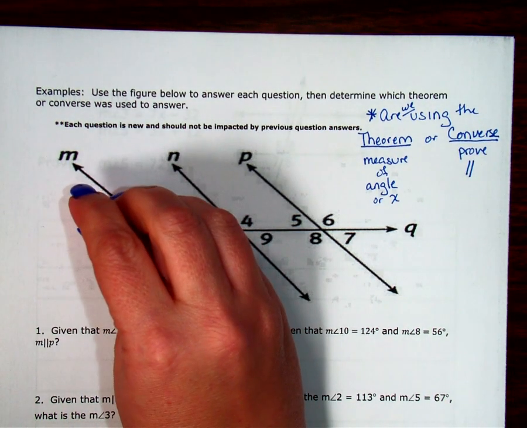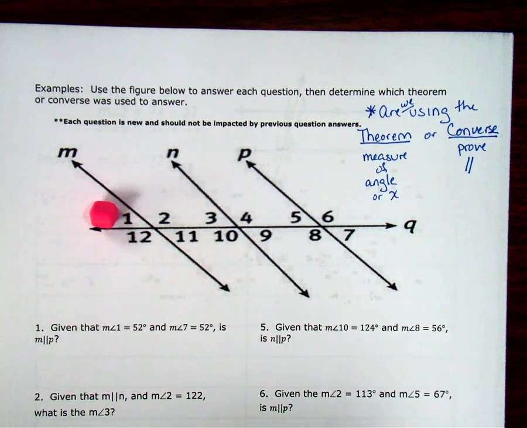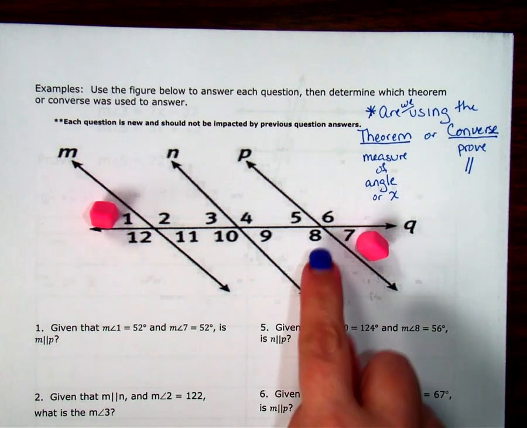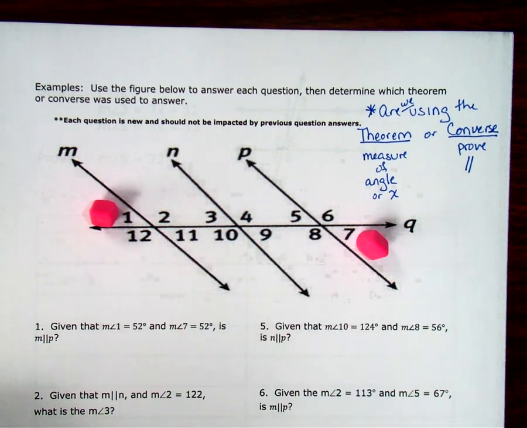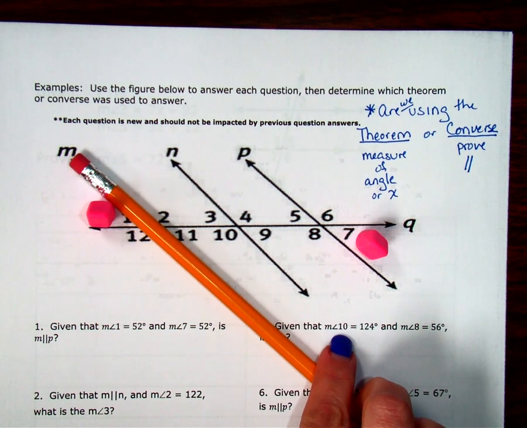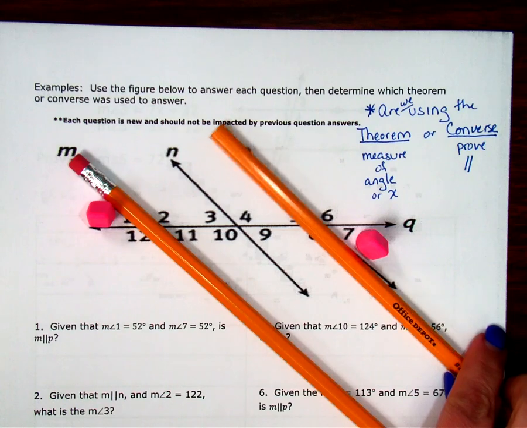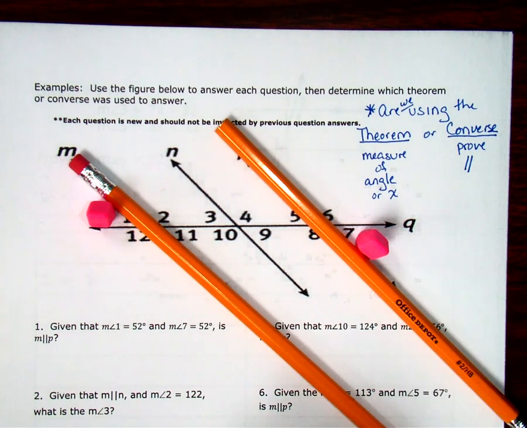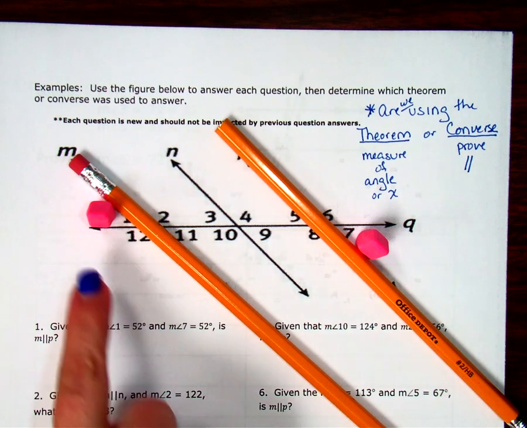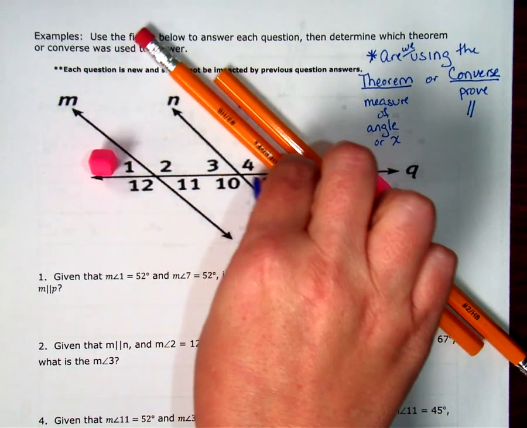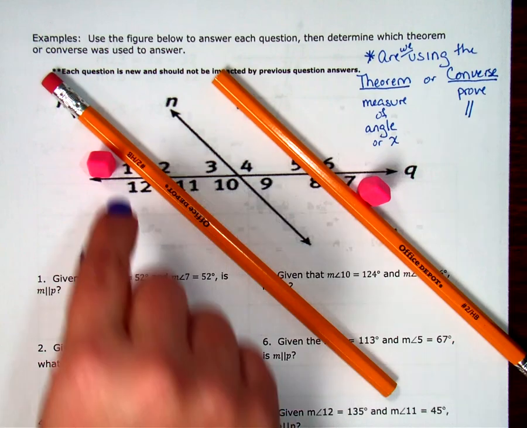So I'm looking at angle 1 and angle 7. If I look at the 2 lines that intersect at 1 and 7, that's my M and that's my P. Now I'm trying to decide what type of angles those are.